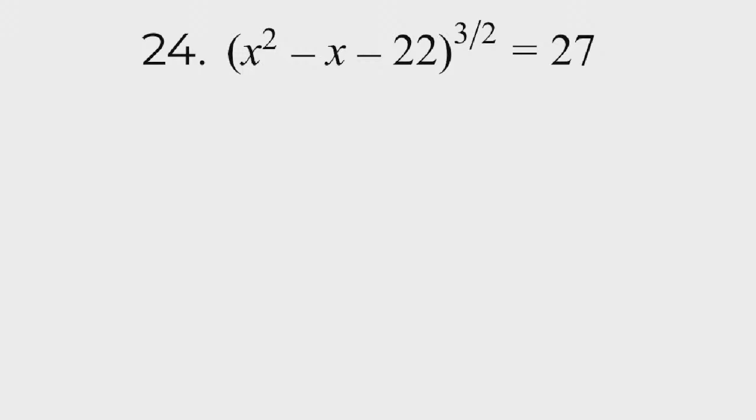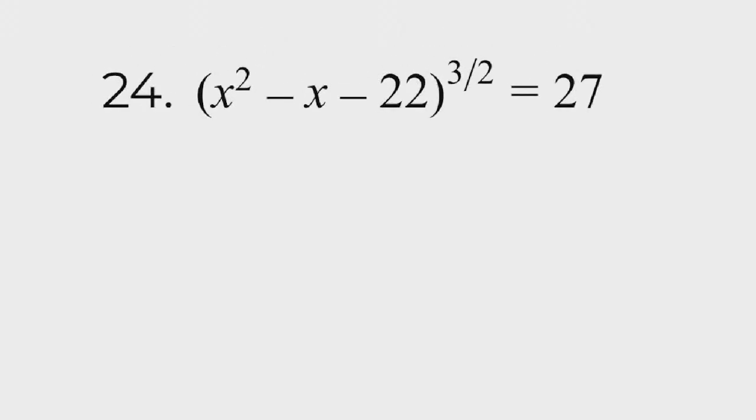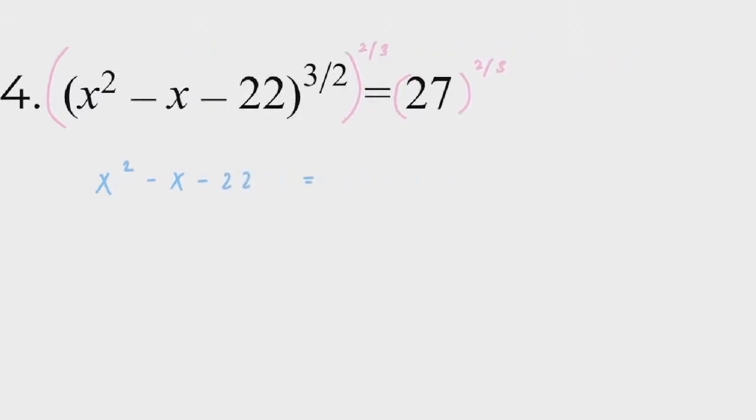And for this last one, our exponent is 3 over 2. So again, we want to use the reciprocal. So that'll be 2 over 3. So on the left-hand side, we're left with x squared minus x minus 22 equals 27 to the 2 over 3, which means cube root of 27 squared.